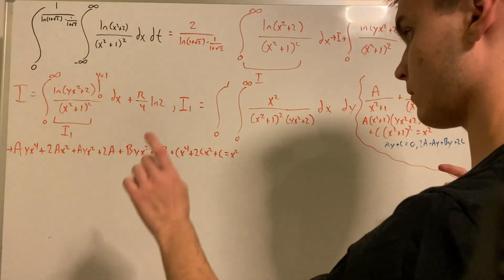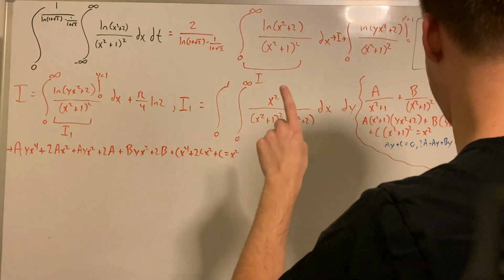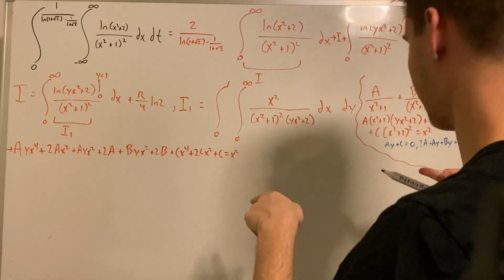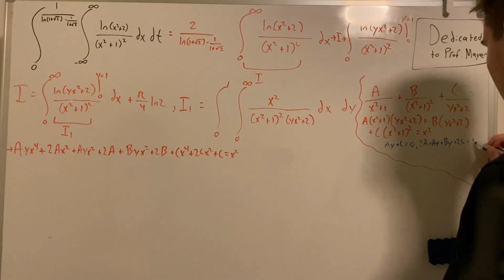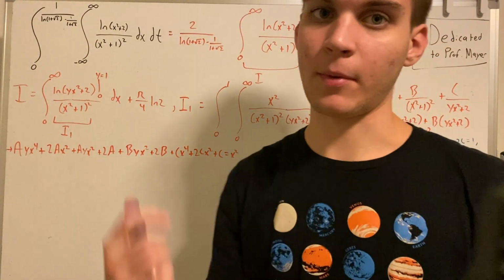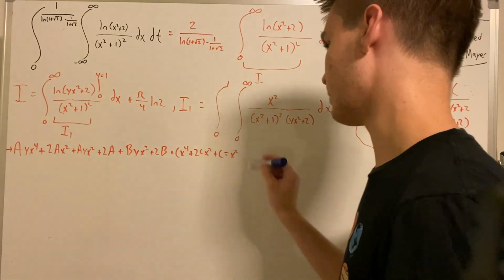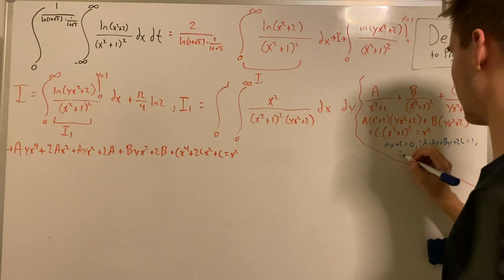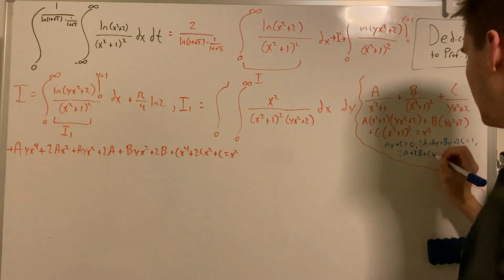Let me make sure: 2A, A y, B y, 2C. Right? Okay, so this must all equal 1. And now we have no constants in the numerator, so we have to sum up all the constants and set them equal to 0. So that's just going to be 2A, 2B, and C. So that means 2A plus 2B plus C equals 0.